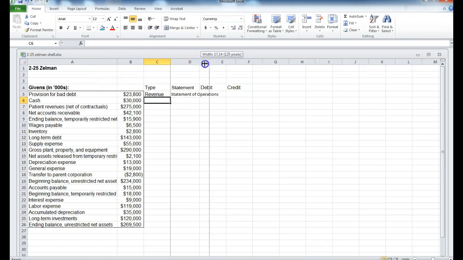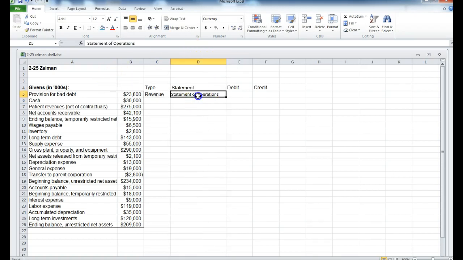So typically our revenue would have a credit balance, right? Revenue works like liabilities. Liabilities are on the right-hand side, or liabilities increase our equity, and so on the right-hand side. But because we said provision for bad debt is a contra revenue account against the revenue, it would have a debit balance.